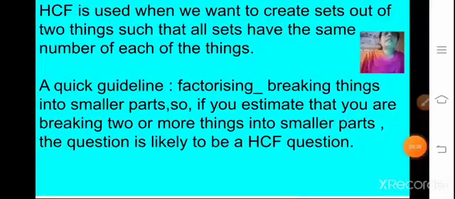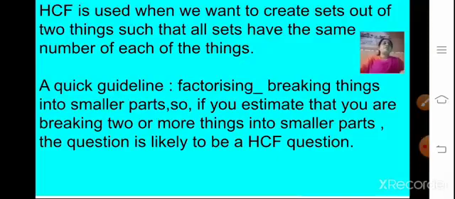Now first let us learn what is HCF. HCF is the highest common factor. HCF is used when we want to create sets out of two things. Suppose two things or two numbers are given, we have to make sets out of them, or group them into smaller numbers such that all sets have the same number of each of the things.